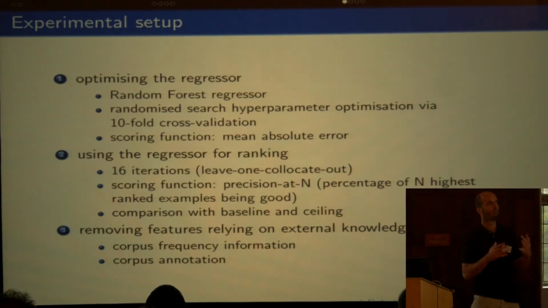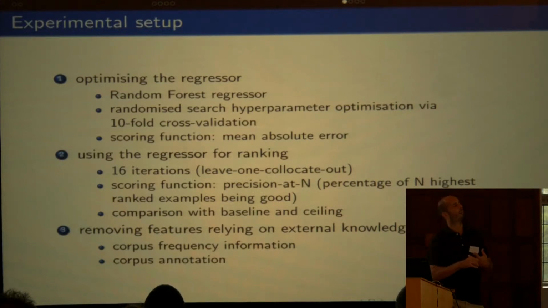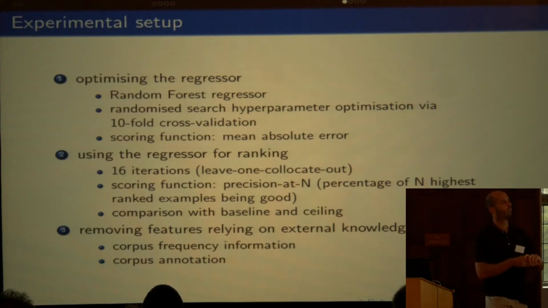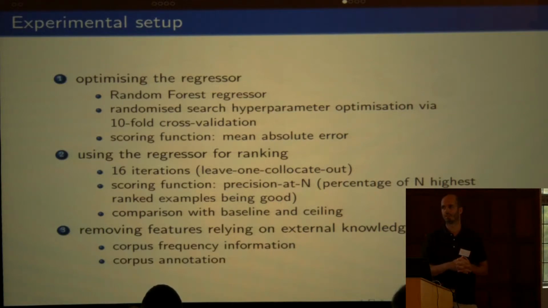But I think this is almost good enough. We used the random forest regressor. You can use SVMs as well. The results are actually very, very similar regardless of which. We did some hyperparameter search optimization, and we used mean absolute error as the scoring function. This is just for the more technically savvy.